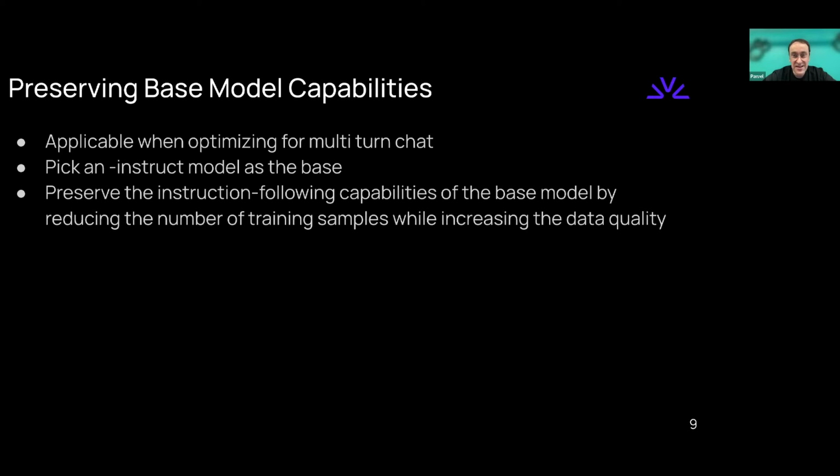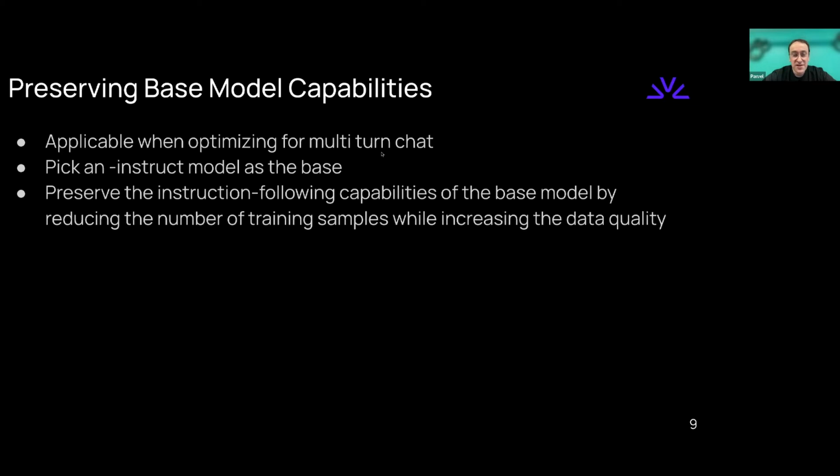For instance, Llama 3 has been aligned with 10 million human curated samples, right? And because of that, Llama 3 is really, really good at instruction following. So if you are tuning your function calling model to mix function calling with general chat, it will be a little bit of a shame if we override the instruction following capabilities during our fine-tuning process.